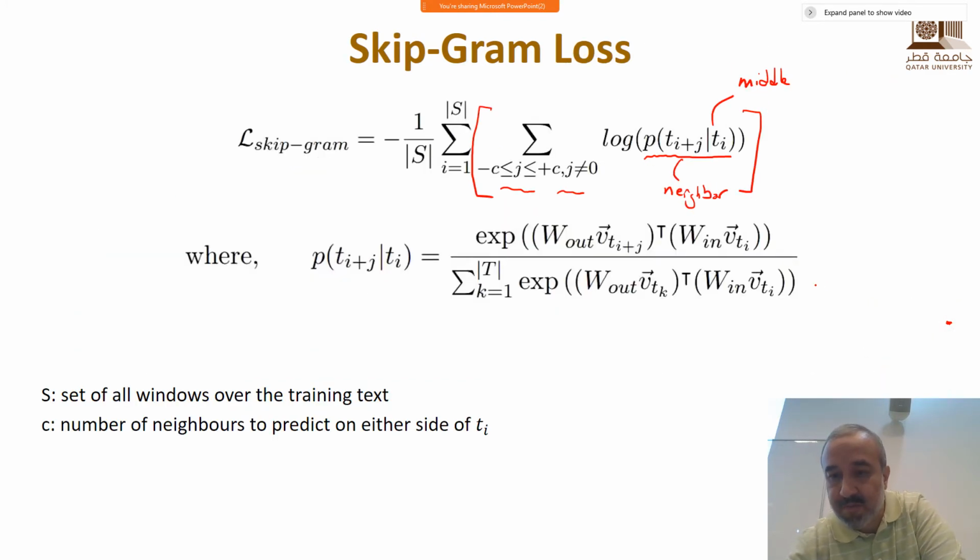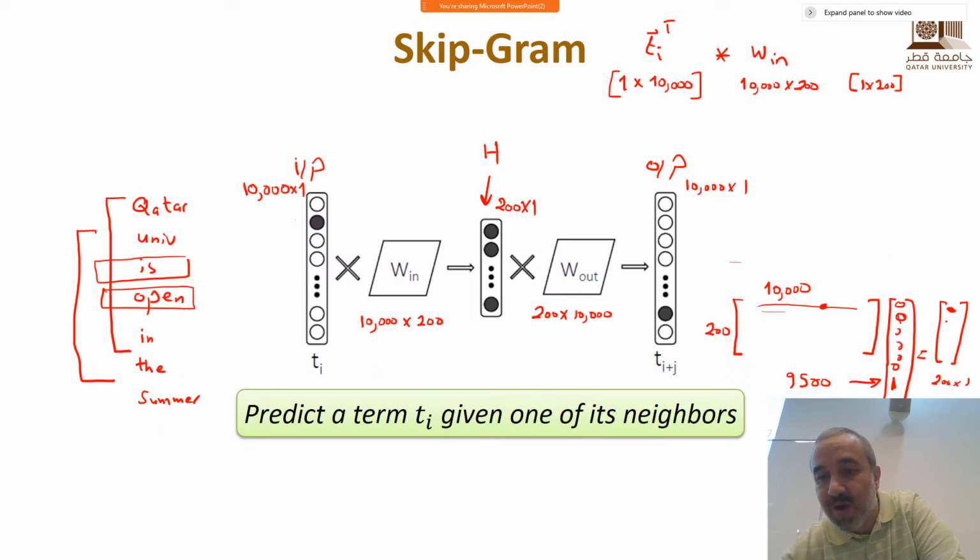So what will we get? That's column number 9,500.